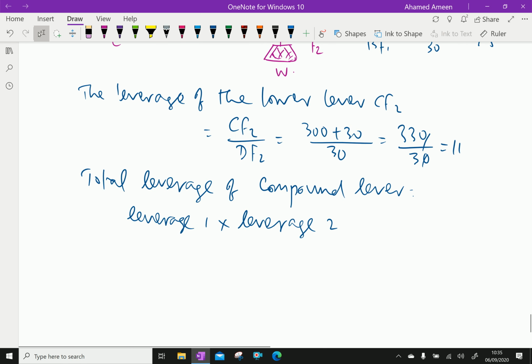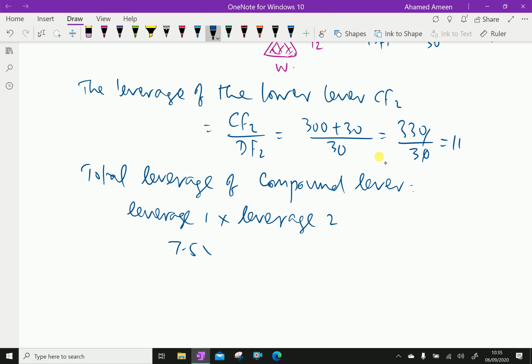Leverage 1 is 7.5 into 11. 7.5 into 11 equals 82.5.